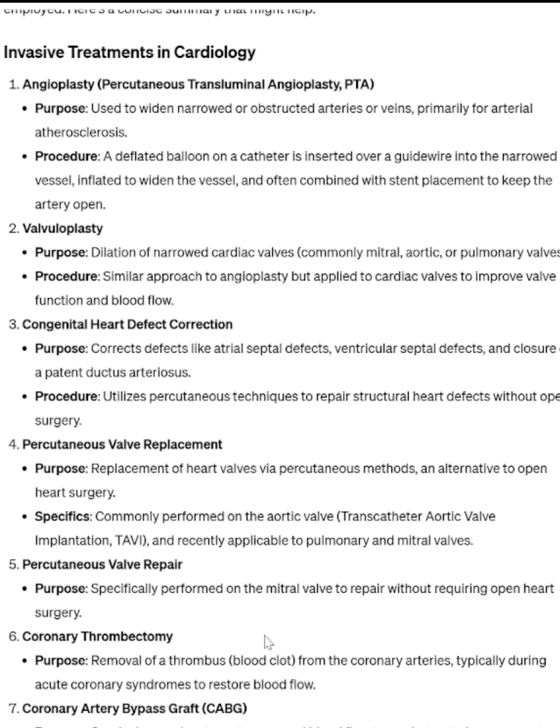3. Congenital heart defect correction. Purpose: corrects defects like atrial septal defects, ventricular septal defects, and closure of a patent ductus arteriosus. Procedure: utilizes percutaneous techniques to repair structural heart defects without open surgery. 4. Percutaneous valve replacement. Purpose: replacement of heart valves via percutaneous methods, an alternative to open heart surgery.